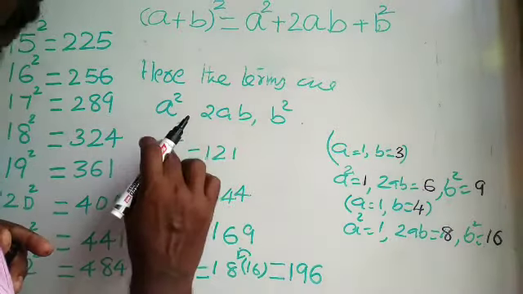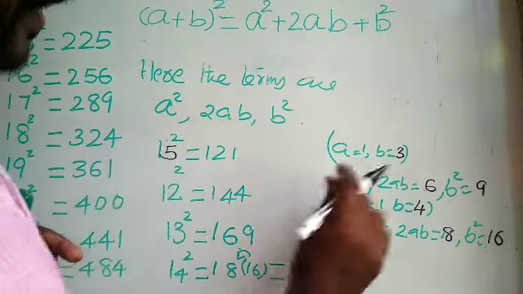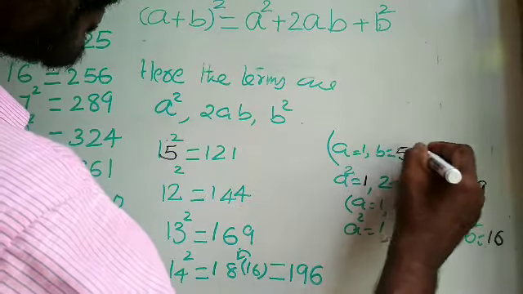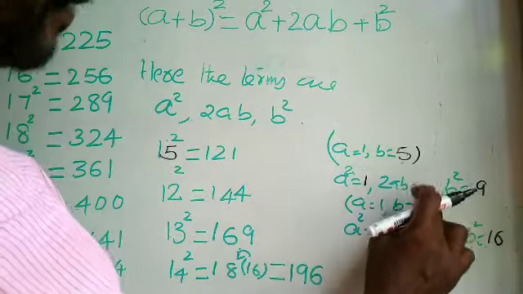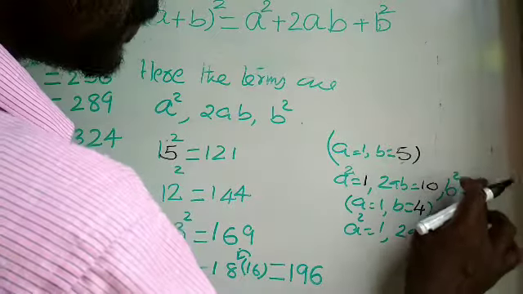Then how can we find the square of 15? It is already written there, the 15 square. a becomes 1, b equals 5. So a square becomes 1, 2ab becomes 10 and b square becomes 25.